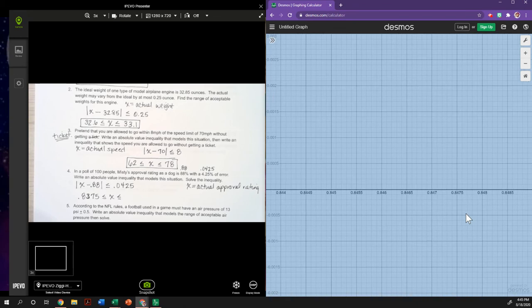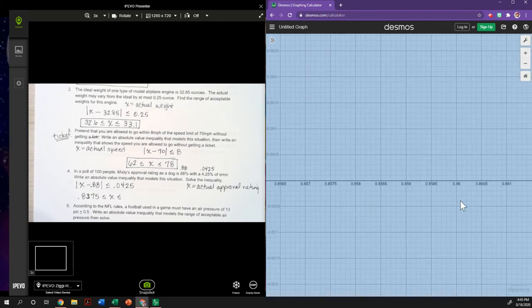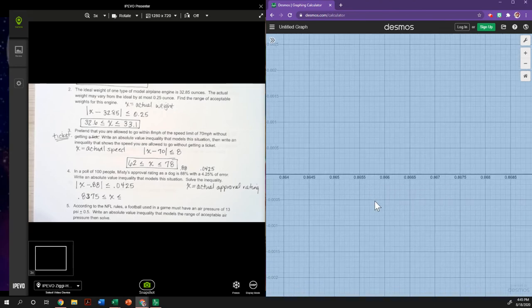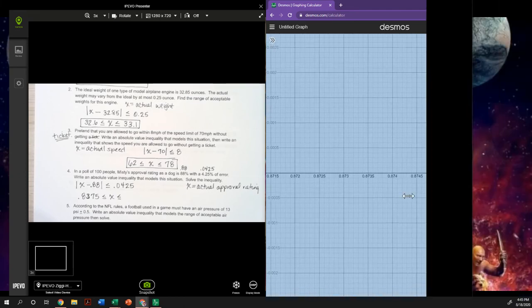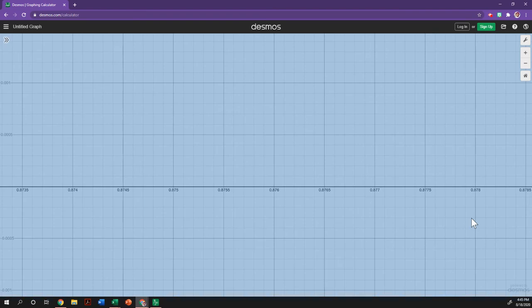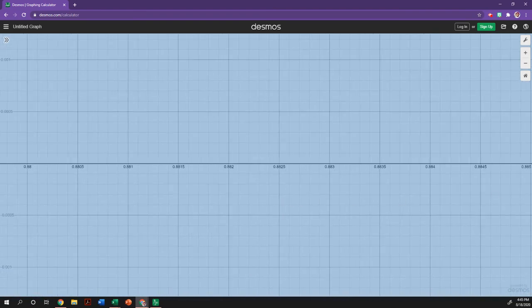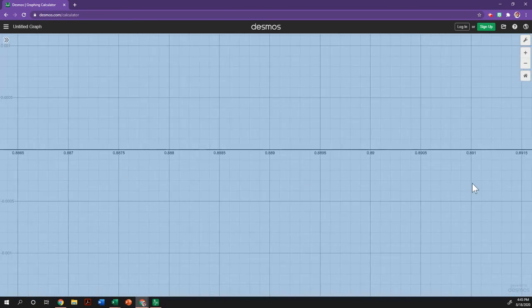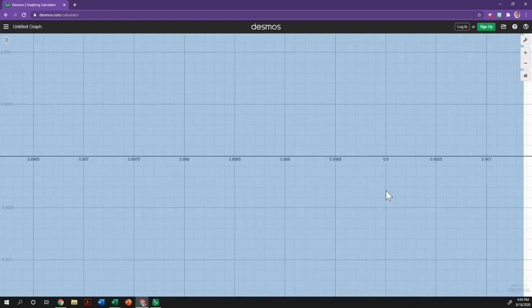until we get to the other side. Oops. I'll fix my screen in a minute. Good Lord. This is why Desmos is not always the best in the world.